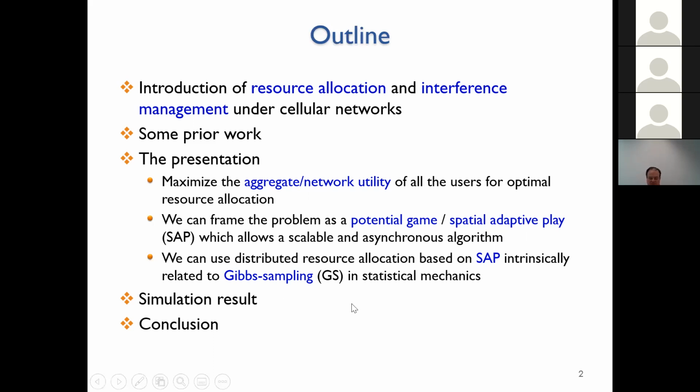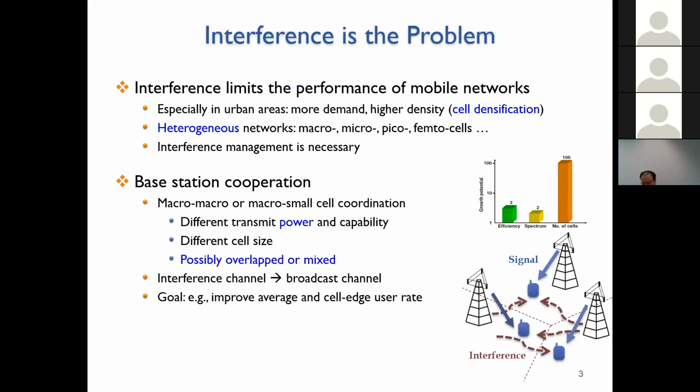There's also a connection of this type of algorithm to another literature in statistical mechanics, which people usually call a meta-heuristic, in particular Gibbs sampling. And I will say a few words about the simulation results.